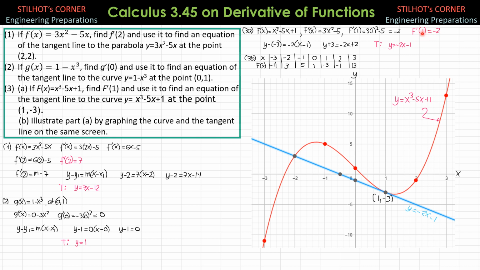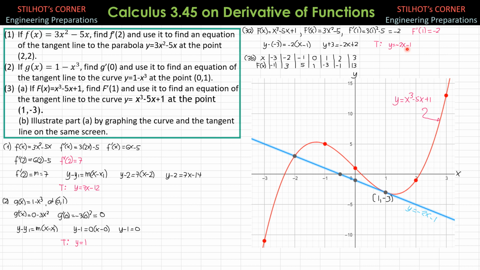That's the answer. Then for the equation of the tangent, y minus y1, y minus negative 3 equals slope negative 2 times quantity x minus x1. So y plus 3 equals negative 2x plus 2. So the equation of the tangent therefore is y equals negative 2x minus 1. 2 minus 3 is minus 1.